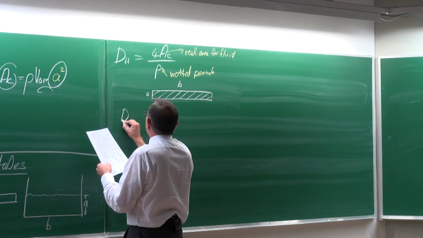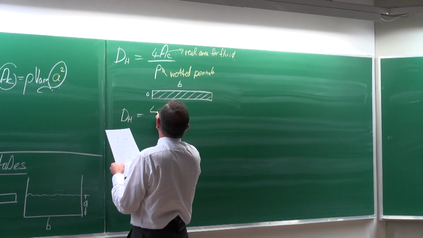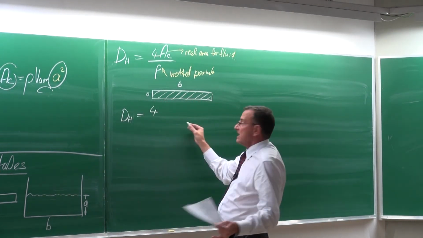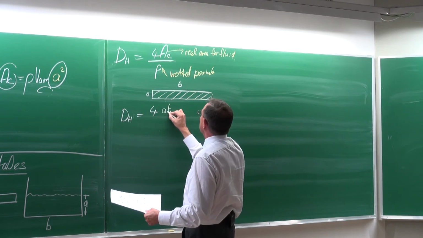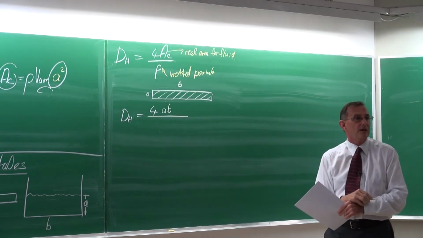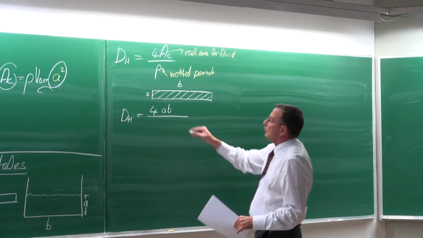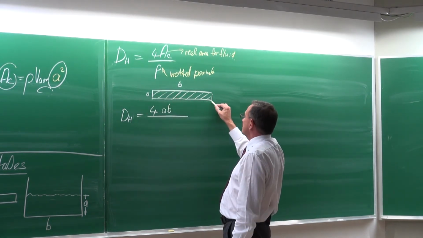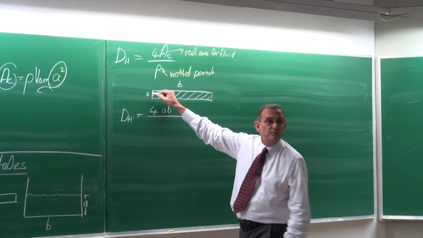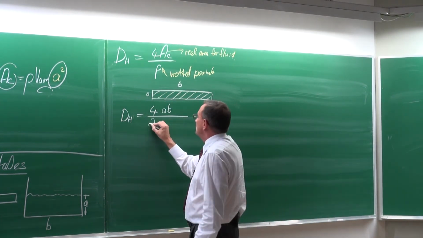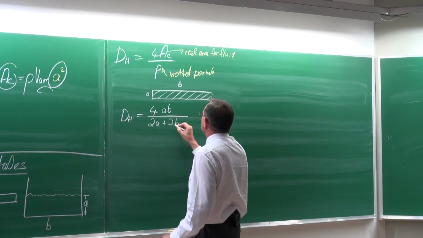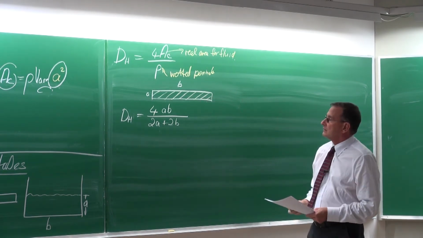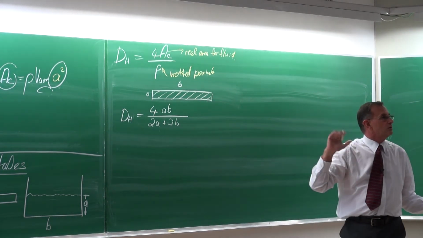Then we can say that the hydraulic diameter is 4 times the cross-sectional area. The cross-sectional area is AB, you agree? Divided by all the surfaces that are wet. That's that one, plus B, plus A, plus B. So it is 2 times A plus 2 times B. You can get rid of the 2 to make it simpler.